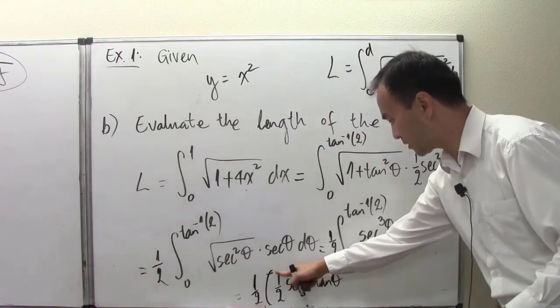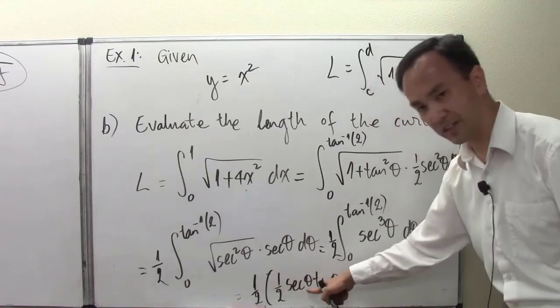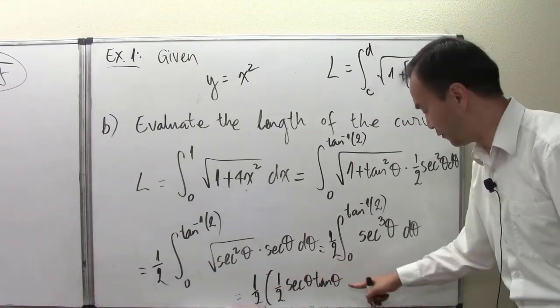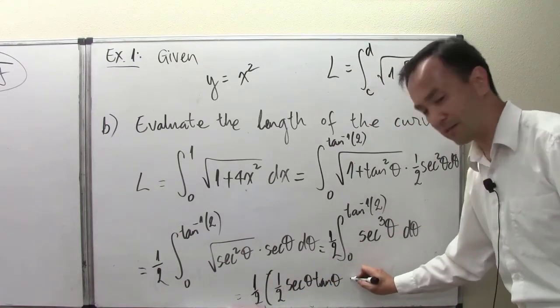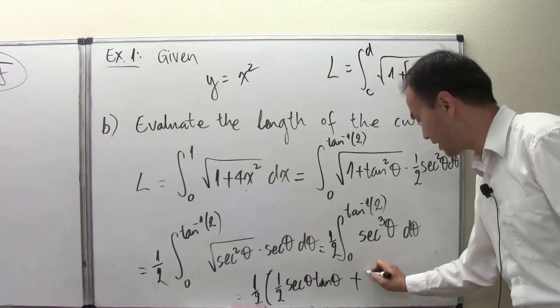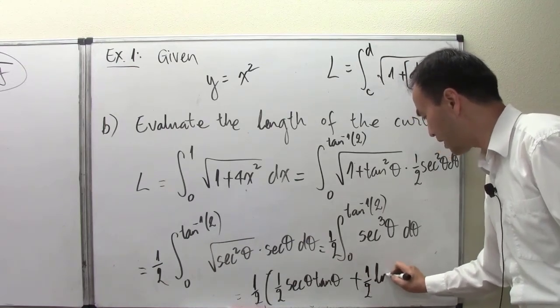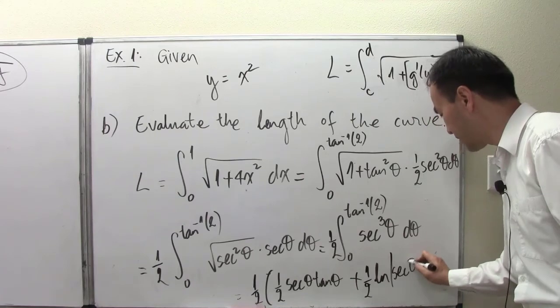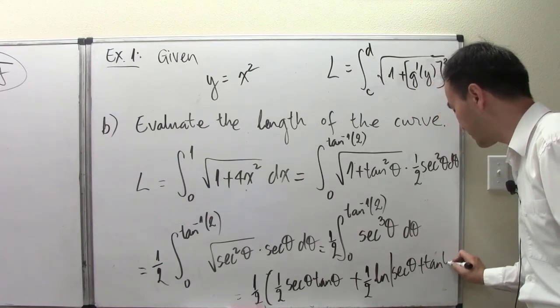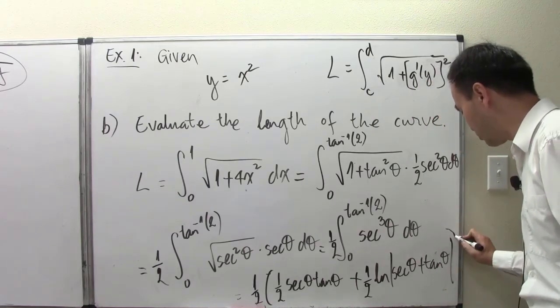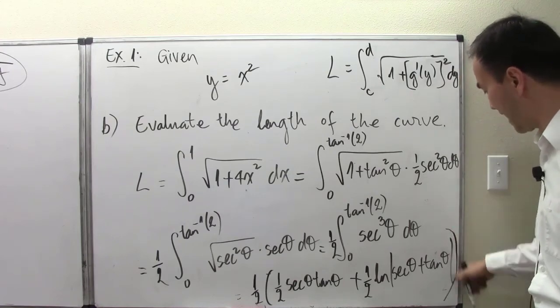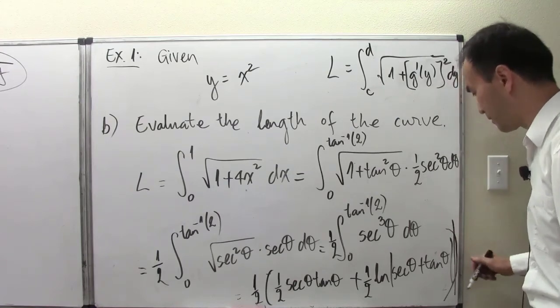This part inside of my parentheses is the indefinite integral for secant cube theta, and then a plus 1/2 logarithm of secant theta plus tangent theta, in absolute value. And then we're going to evaluate this from 0.